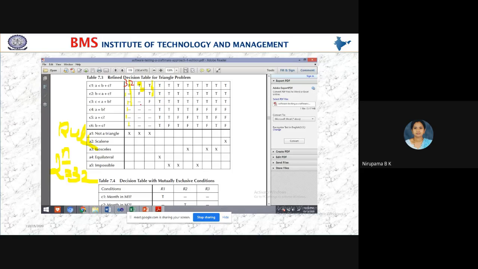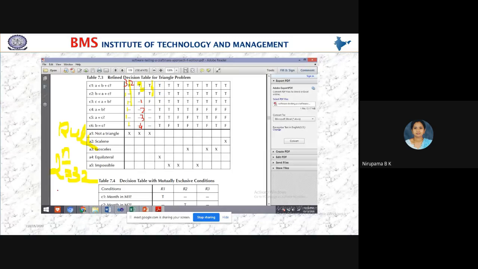So coming to the next column, that is rule 2. In rule 2, 1, 2, 3, 4. In 4 places I don't have any rule. So for the second rule, in the second column, the n value is 4.